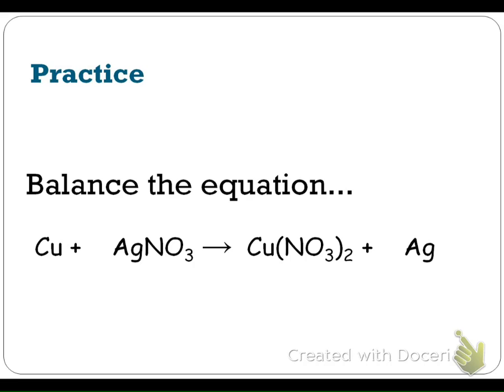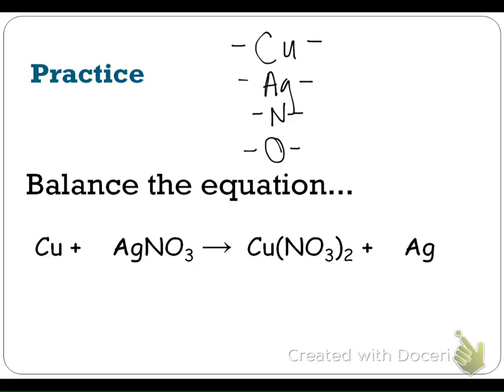Okay, so our first step here should be to list all of our atoms separately. So if we have copper, and we make our little lines here for each side, silver, nitrogen, oxygen, and then we're done.